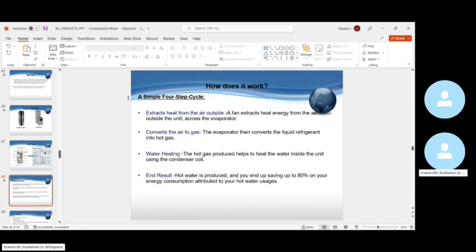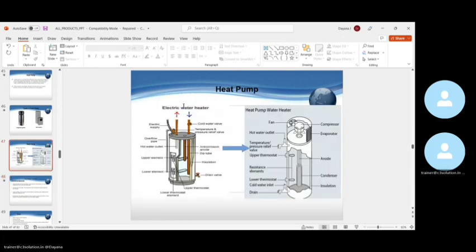Okay. So, extract heat from the air outside. A fan extracts heat energy from the air outside the unit across the evaporator. Here is the fan, and here is the evaporator. Fan is here and the evaporator is here.